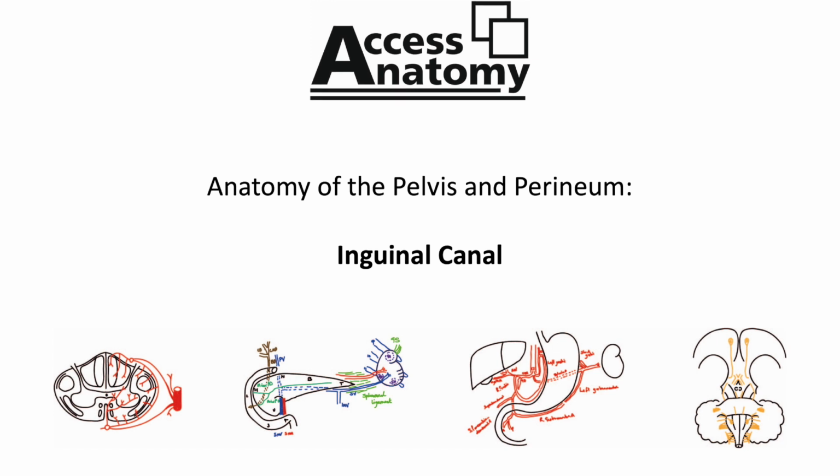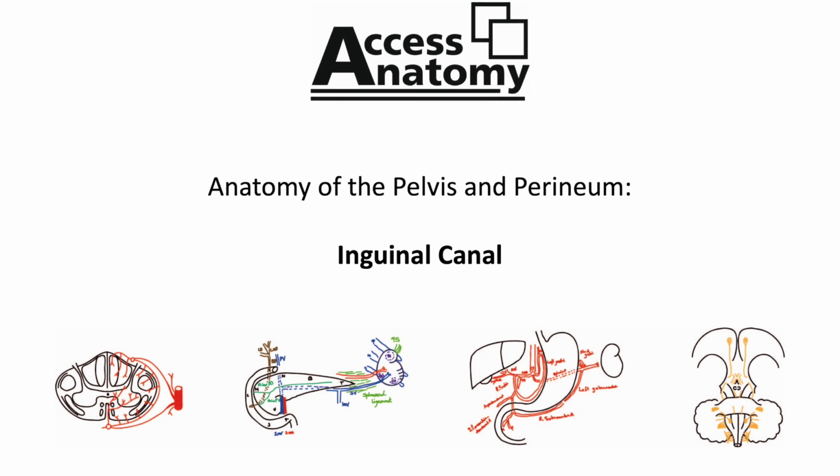The deep inguinal ring is found more laterally, and it lies on the lateral side of the inferior epigastric artery. The superficial ring is more medial and is found slightly above and lateral to the pubic tubercle.